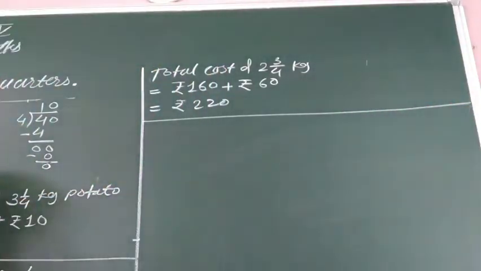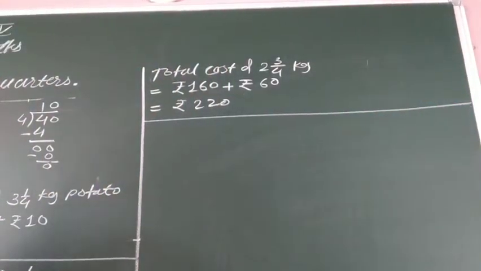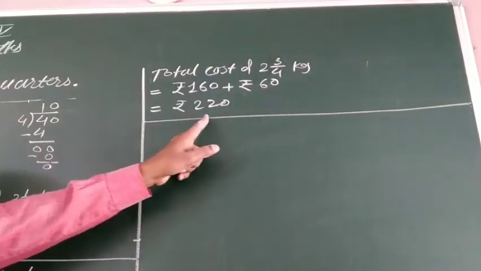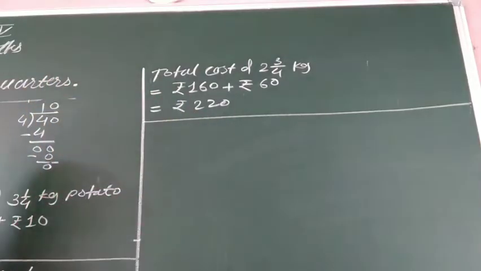So 220 is the cost of 2 and 3/4 kg of carrot.